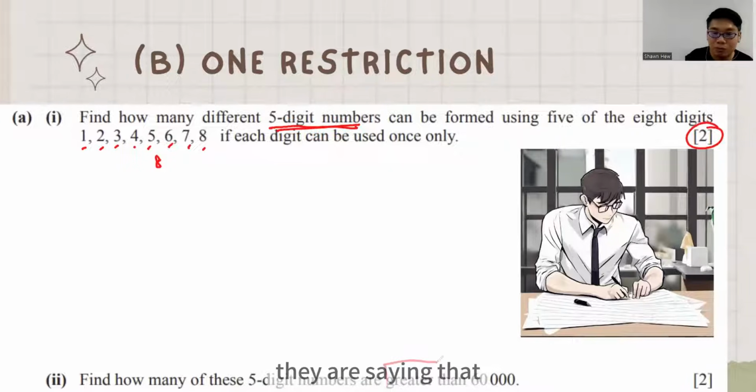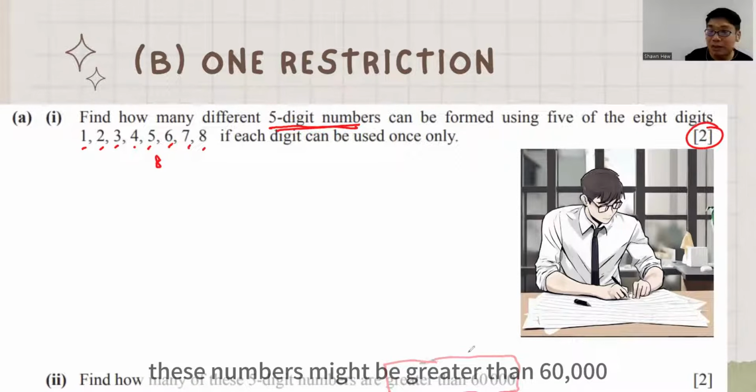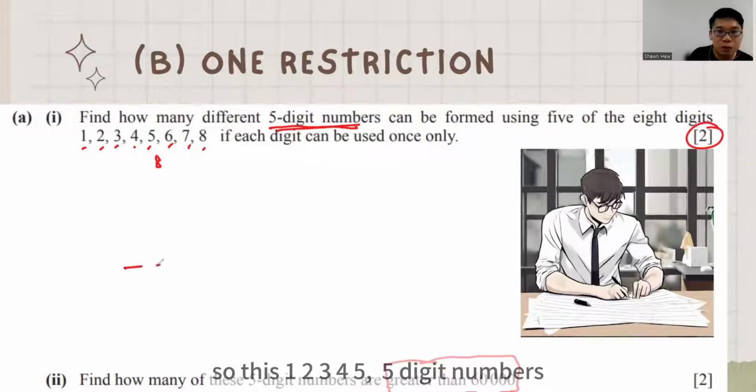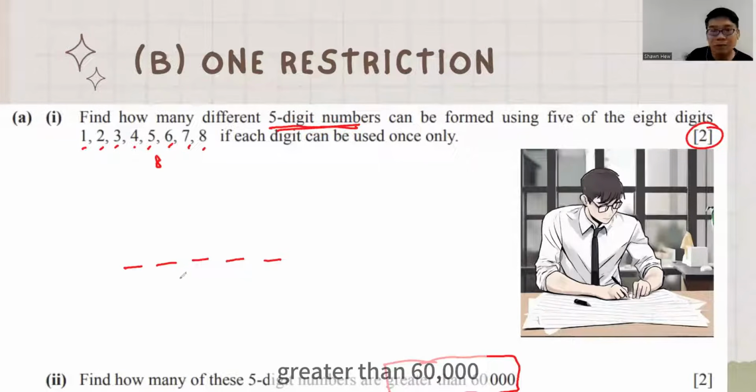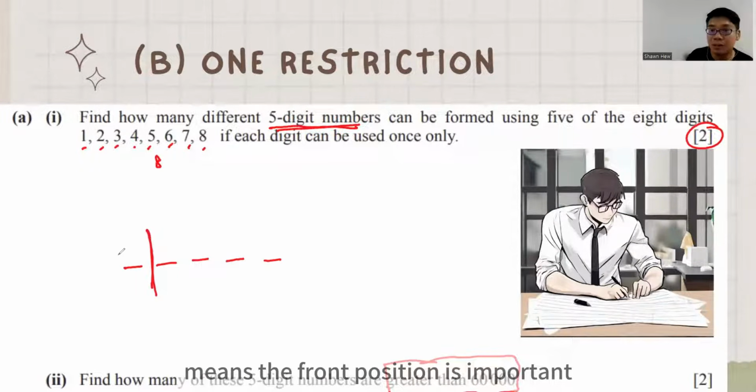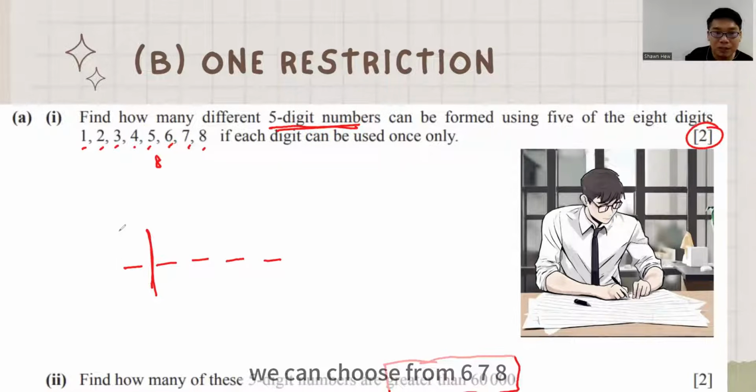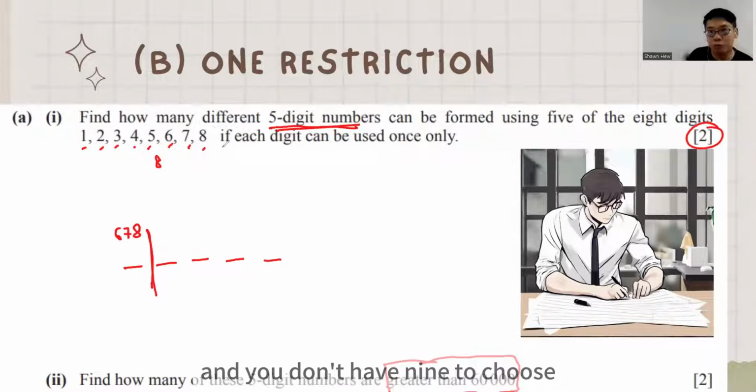They are saying that these numbers must be greater than 60,000. So for 5-digit numbers greater than 60,000, the front position is important. Front position we can choose from which numbers? We can choose from 6, 7, 8. You don't have 9 to choose, so you cannot fit in 9 here. You can only fit in 6, 7, 8.